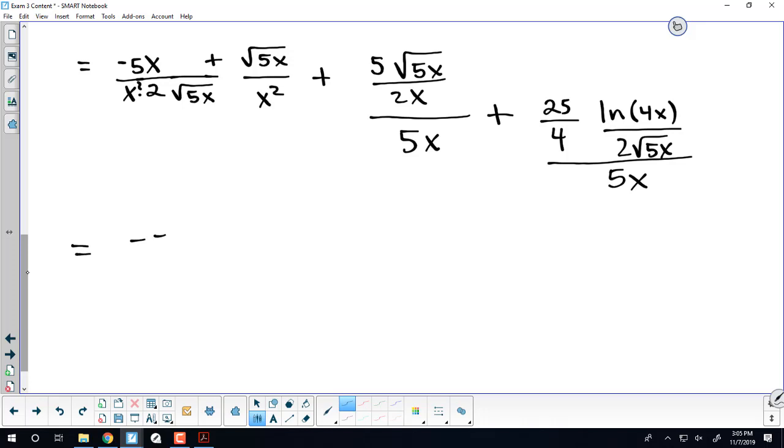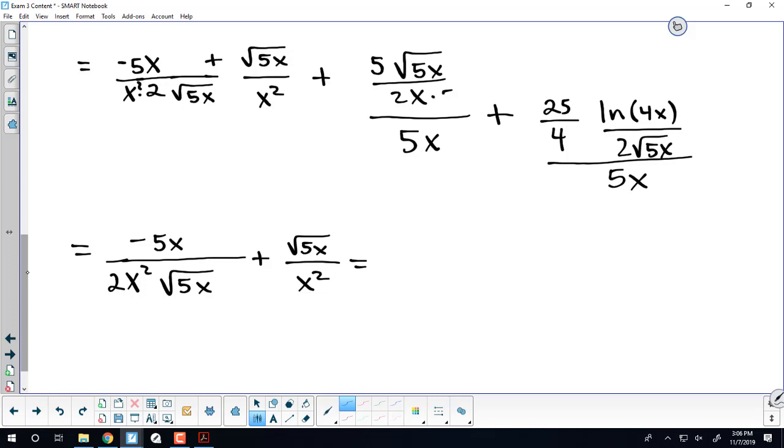So we have -5x over this plus this. This 5x will come in the bottom here, so 5x is there, not here anymore. So we can just divide these.